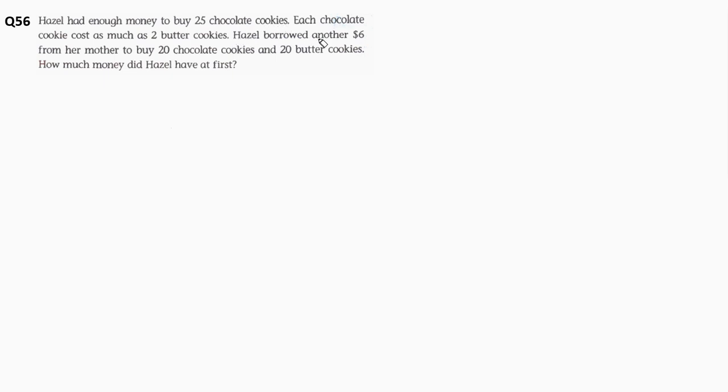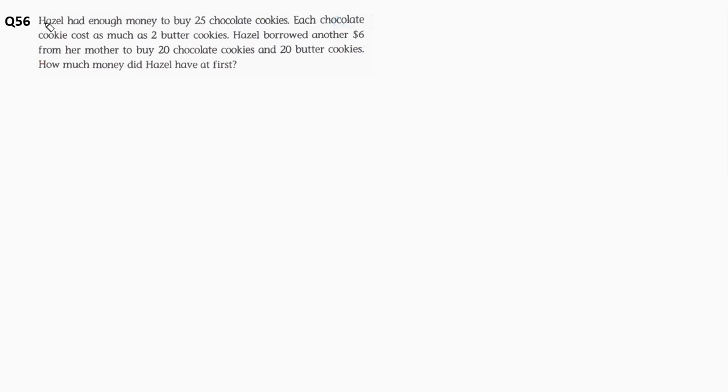And says Hazel borrowed another $6 from her mum to buy 20 chocolate cookies and 20 butter cookies. And what I originally thought was that she bought these cookies, the 25 chocolate cookies, and then borrowed $6 to buy an additional 20 chocolate cookies and 20 butter cookies. But that's not the case.